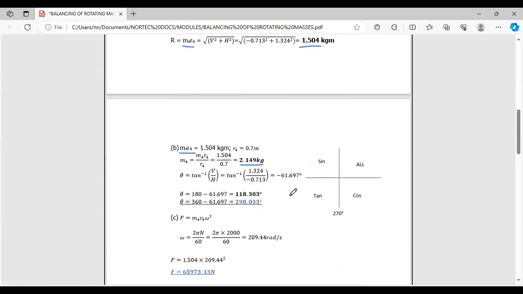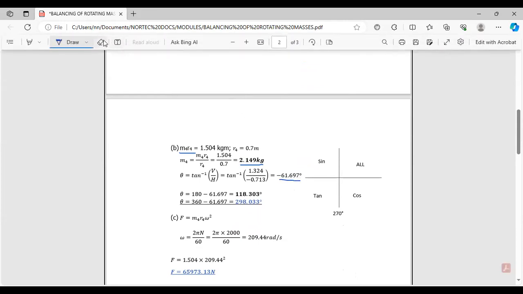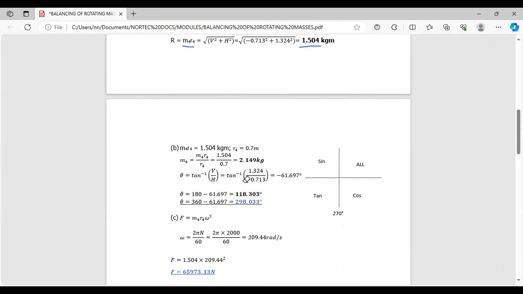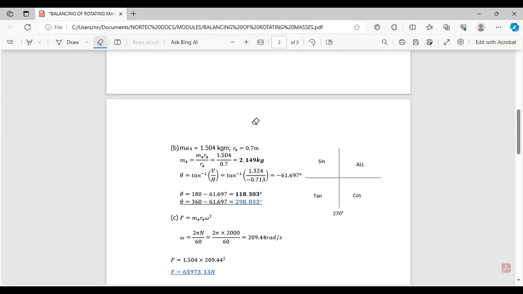So which simply tells us that the answer we are going to get will end up being a negative. The issue here is that you have negative 61.697, telling us that you are not yet at the answer. You haven't yet found the answer because the answer is supposed to be in the other quadrants. And that's where this illustration now comes in.